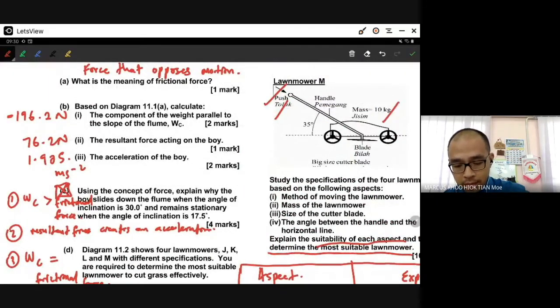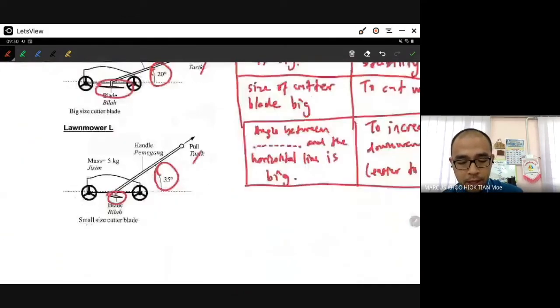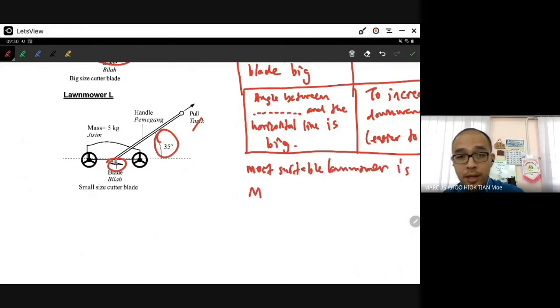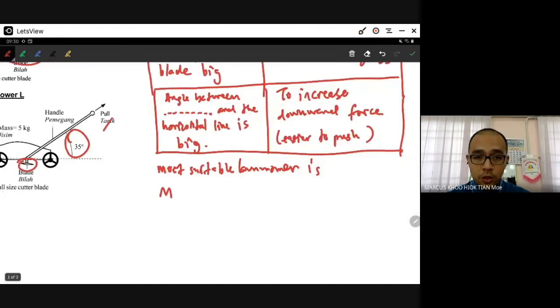The mass is big, the angle is big, and the size of the cutter blade is big. So the most suitable lawnmower is M.